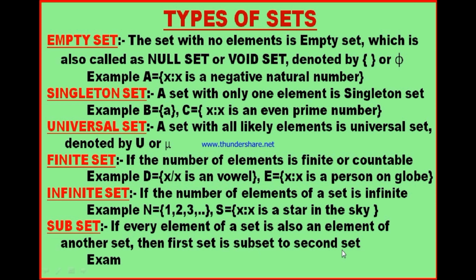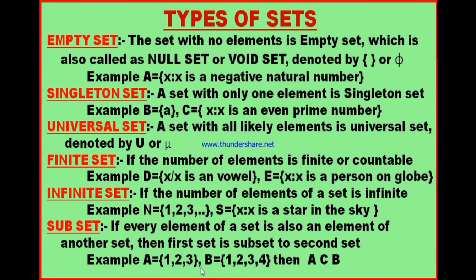I shall give an example. Here A is equal to the set 1, 2, 3 and B is equal to the set 1, 2, 3 and 4. Now you can observe every element of A is also an element of B. All elements of A are also elements of B. In such a case, you can say that set A is a subset of B. You can represent it like this.